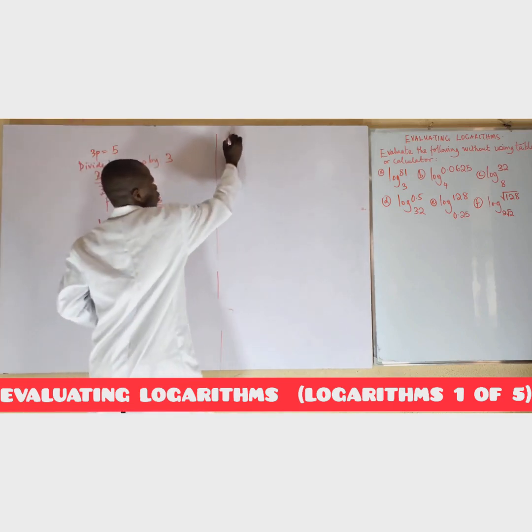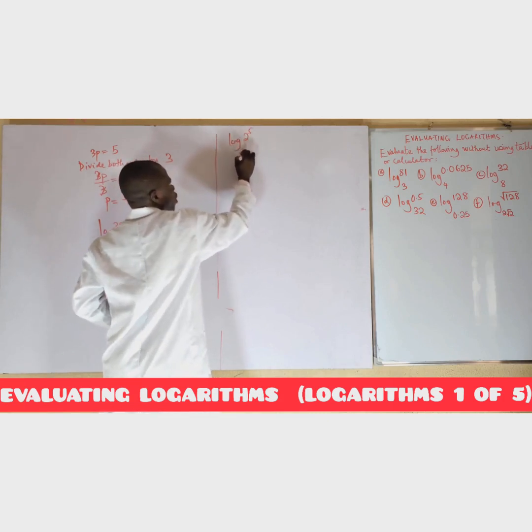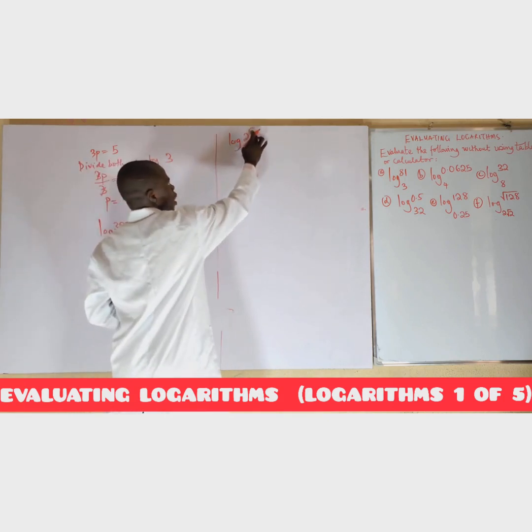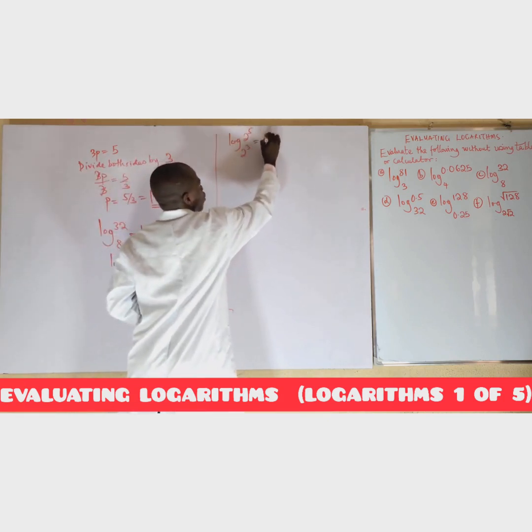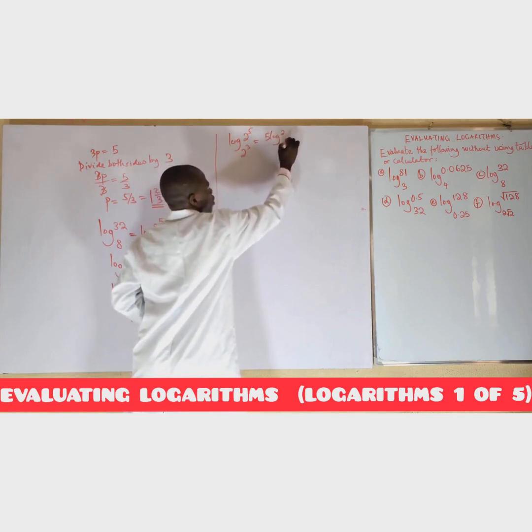Here you are having log 2 raised to the power 5, then base 2 raised to the power 3. Now, like I said, the 5 is coming here. It's going to be 5 log 2 base 2 raised to the power 3.